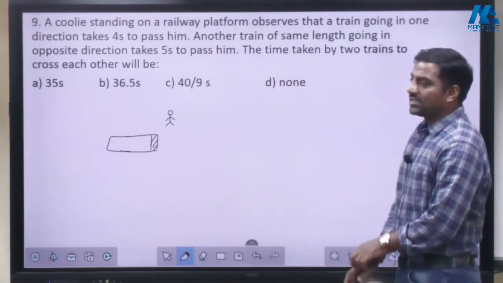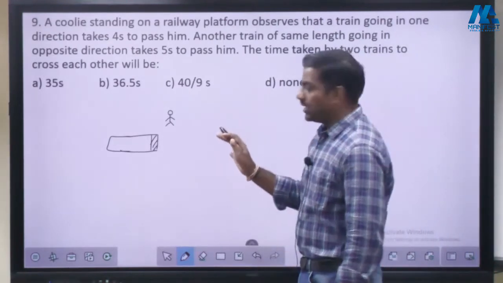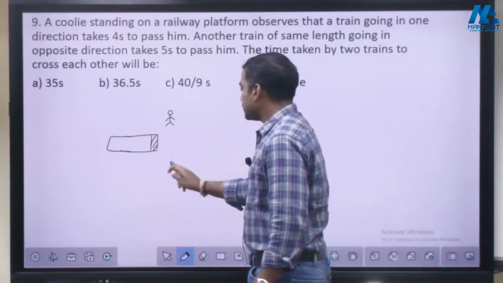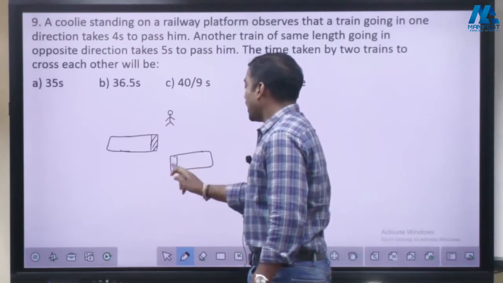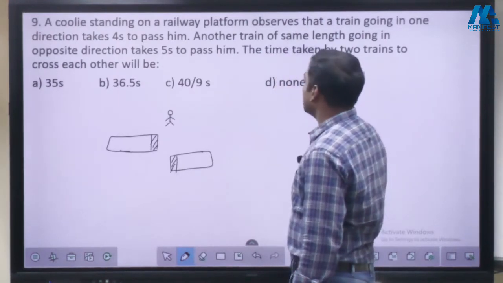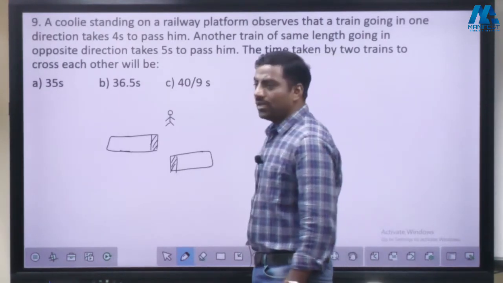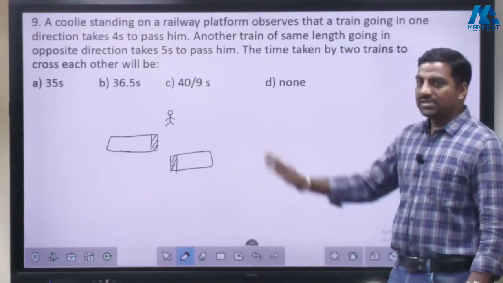And another train is coming, that is a different scene. One more train is coming from the other direction, opposite direction, and it crosses him in 5 seconds. Now, this scene is over.